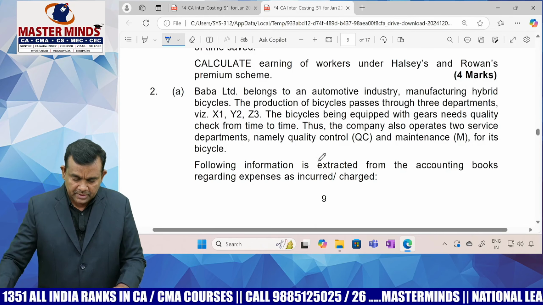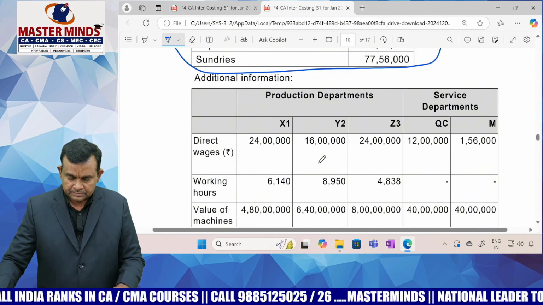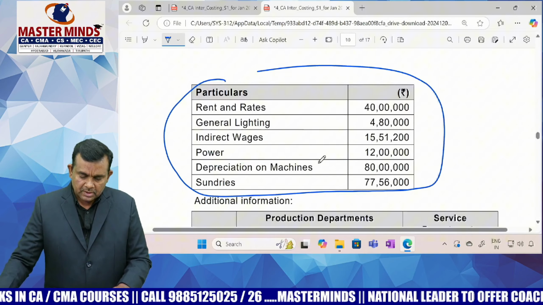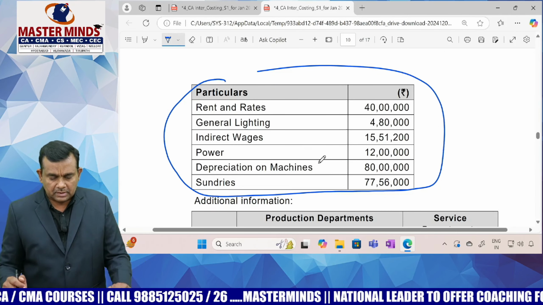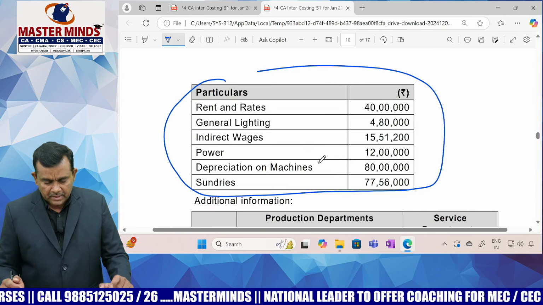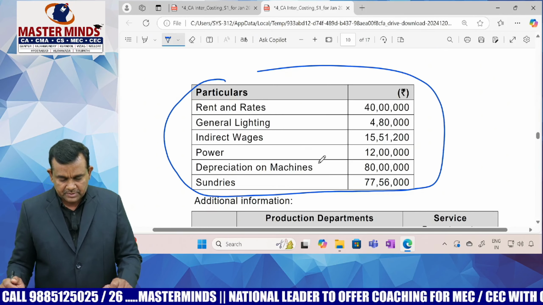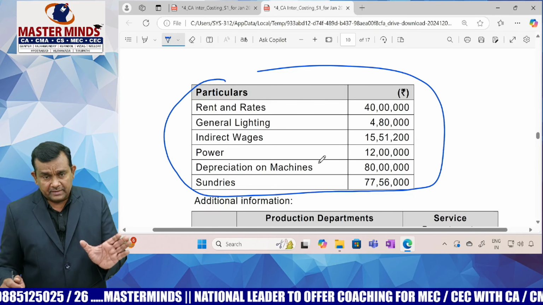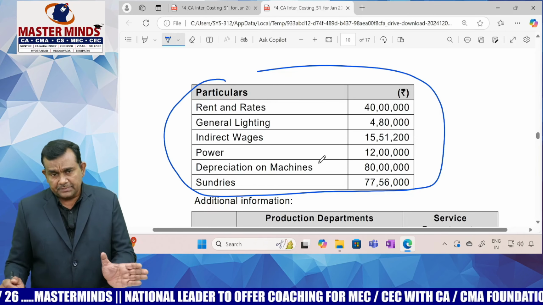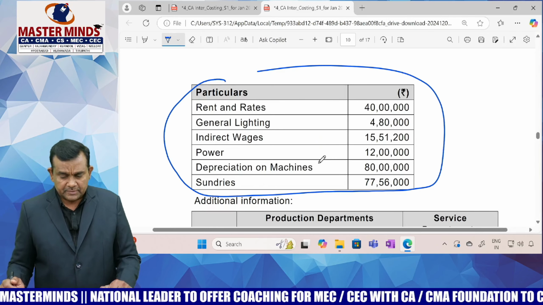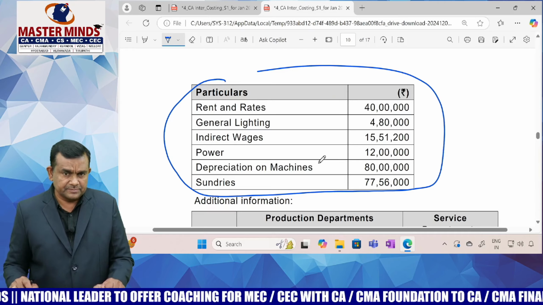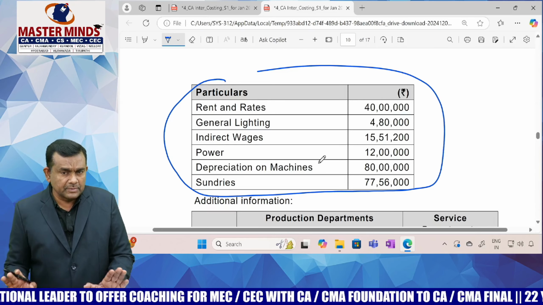So these are the production departments, and two service departments, QC and M. So here common overhead cost elements are given: rent and rates, general lighting, indirect wages, power, depreciation, machinery, sundries. Definitely additional information provided, or department wise information provided. So select the base and distribute these expenses. That is the apportionment of overheads.